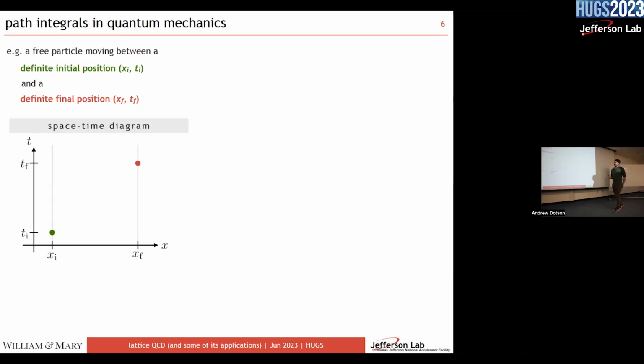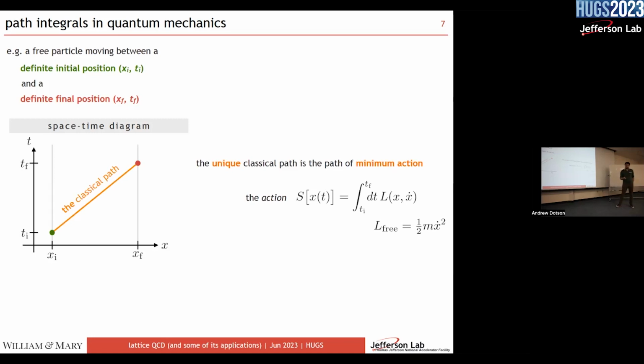Then you know that classically, not in a quantum theory, but classically, there is one and only one path that the particle will definitely follow. You know exactly where it is and exactly how fast it's going at every point. You obtain that path by solving Newton's equations, but equivalently, it is also the path that has the least value of action.